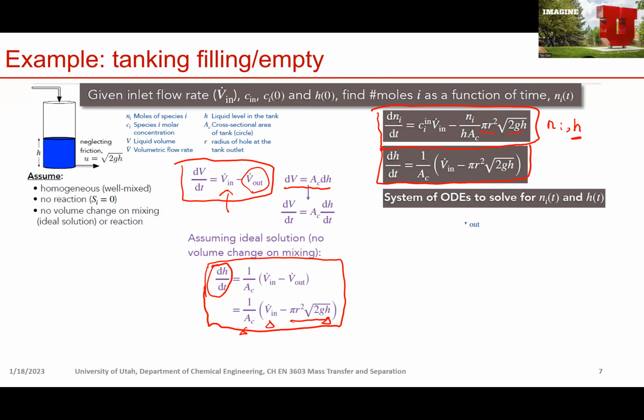So we have two ordinary differential equations, and to solve them, we need to know the initial conditions. Once we know the initial conditions, we can solve simple problems analytically. But for this problem, because we have a square root here, probably we're not going to be able to do it analytically.